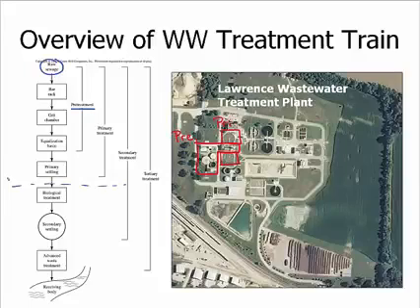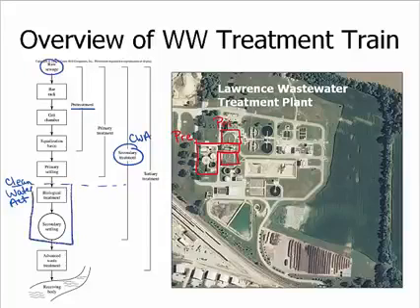Now, before the Clean Water Act, those might have been the last treatment steps for wastewater treatment. But the Clean Water Act requires secondary treatment, and so this is defined as a biological treatment step, and it usually includes an activated sludge step plus a secondary clarification unit.